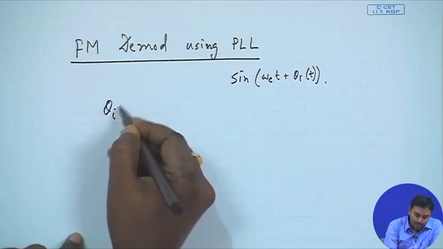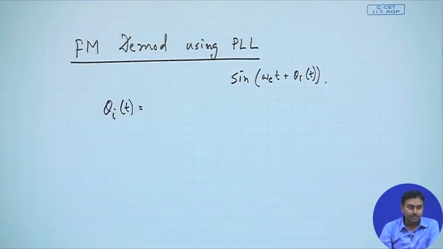So, what will happen to this θi(t)? That must be whatever phase it is getting. So, FM is A cos(ωct + kf∫m(α)dα), that kf into the integral. Okay. So, that means that θi(t) must have this kf integral plus, because it is cos and PLL input takes sine, there should be a π/2 phase shift.